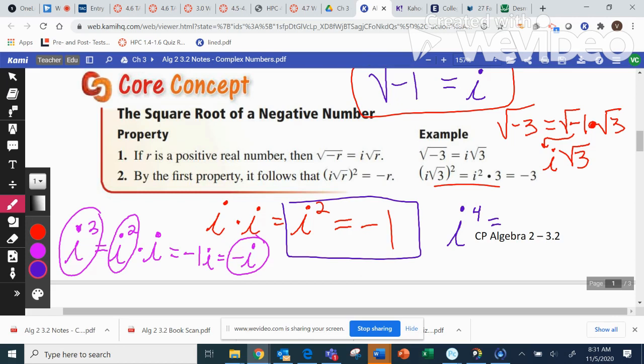Emma, do you have a guess? Okay. So to get i to the fourth, we would do i times i times i times i, right? Do you know the answer to combining any of those i's? Like, if I combined two of them, what would you get if I combined i squared?